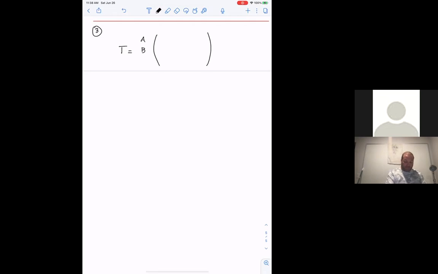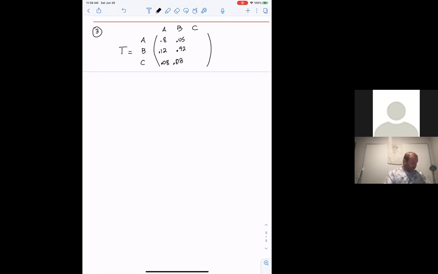We have providers A, B, C, and we have 0.8, underneath it 0.12, underneath it 0.08, which does in fact add to 1. We have 0.05, 0.92, 0.03, which does in fact add to 1. And then we have 0.06, 0.1, and 0.84, which does in fact add to 1.